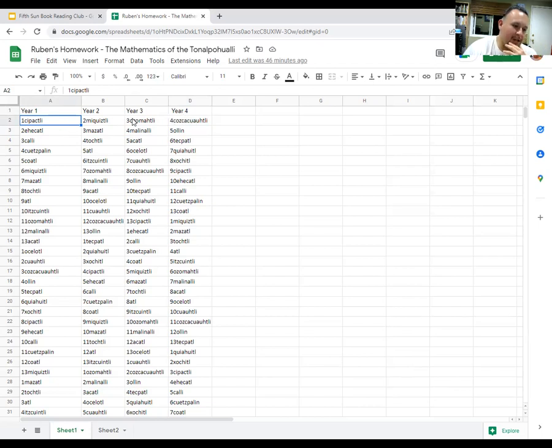So Ruben Ochoa found this pattern. He says, okay, that's interesting. There's 4 different days, and these days repeat. If we continue on to year 5, 6, 7, 8, you're going to see it's going to be 5 xiuhpohualli, 6 miquisli, 7 ozomatli, 8 coscacuatli. So every single year is going to cycle through these 4 signs, or tonali.